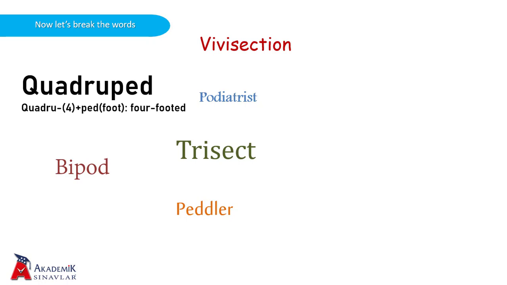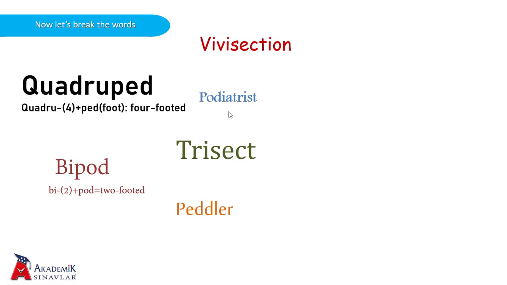What is 4-footed? It represents an animal or any kind of robot that has 4 legs. Well, what about biped? Bi means 2. So biped is anything with 2 feet or 2-footed.